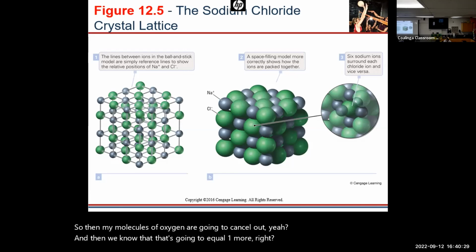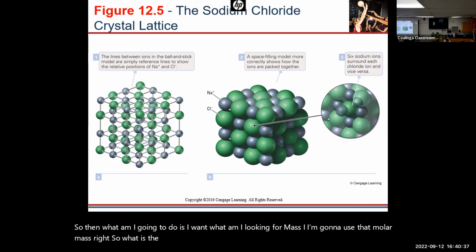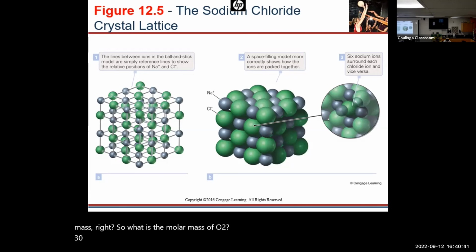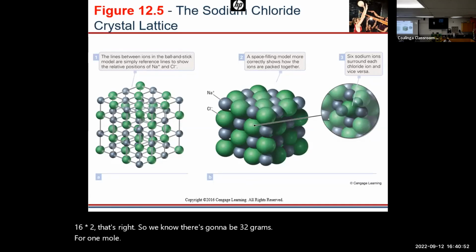Okay, so then what am I going to do? What am I looking for? Molar mass. So what is the molar mass of O2? 32. There we go, 16 times 2, that's right. So it's going to be 32 grams for 1 mole of O2. So then moles cancel out.